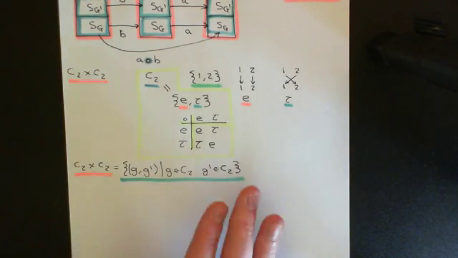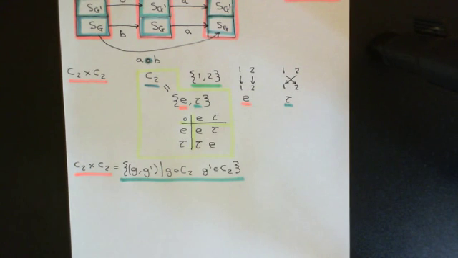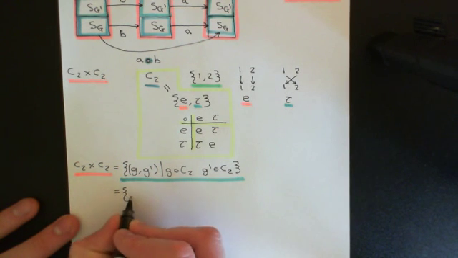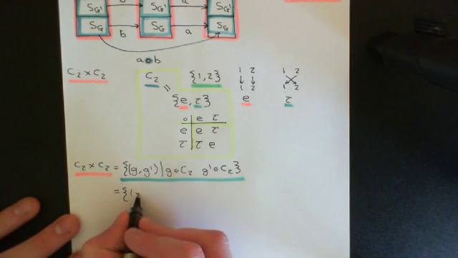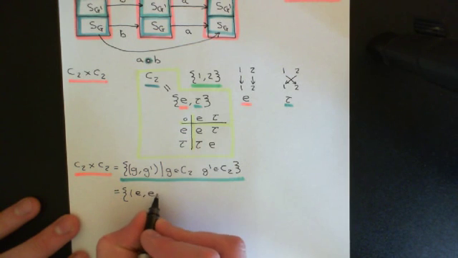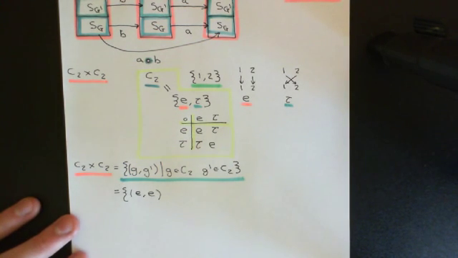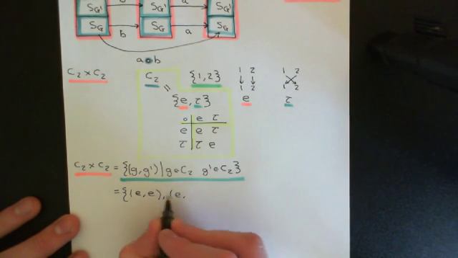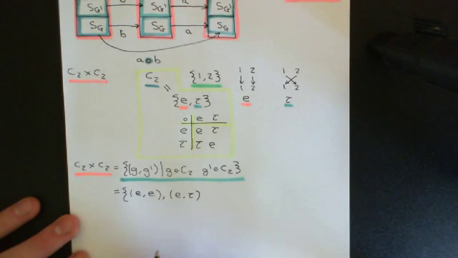There aren't that many combinations because our group C2 only has two elements. So let's construct this set. The first obvious one is that we'll have the identity with the identity, so we'll have the ordered pair E E, where we put E in both sockets. We'll keep the first one the same and switch the second one, so we'll get the identity and tau.